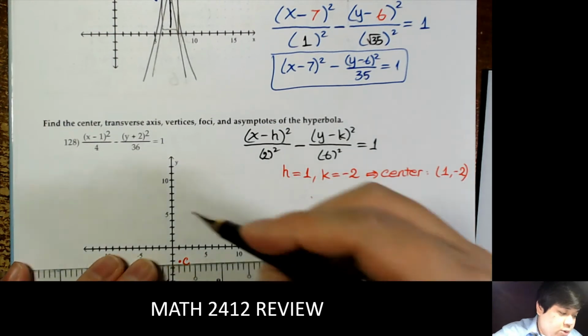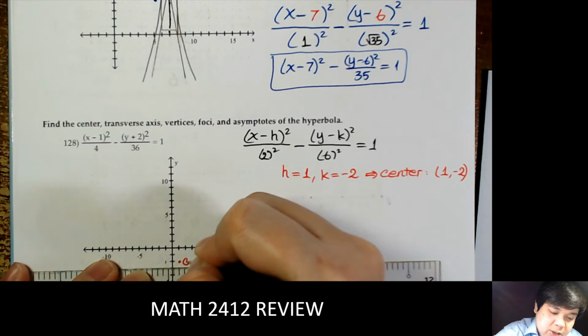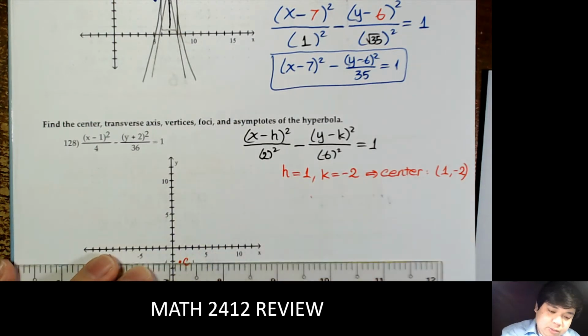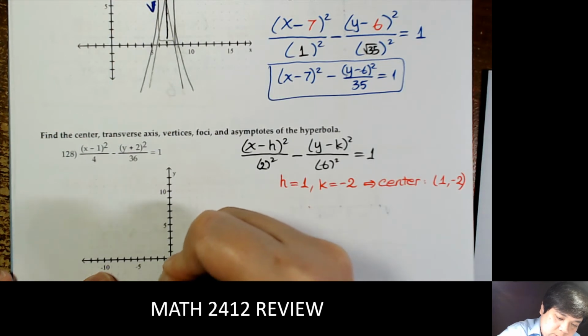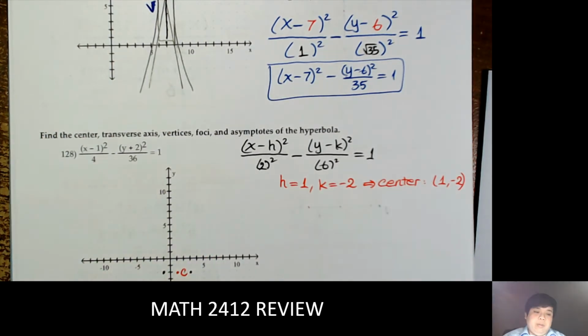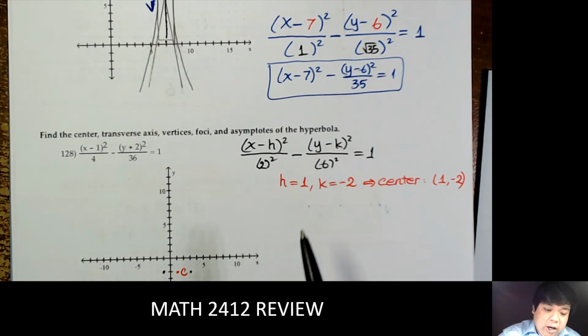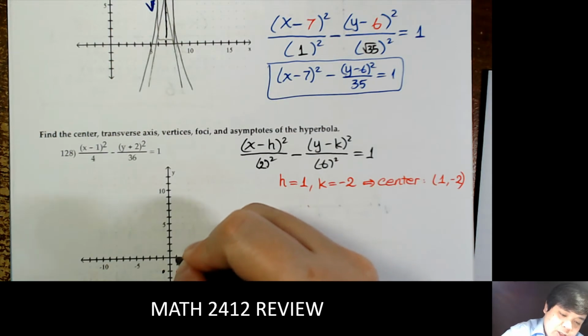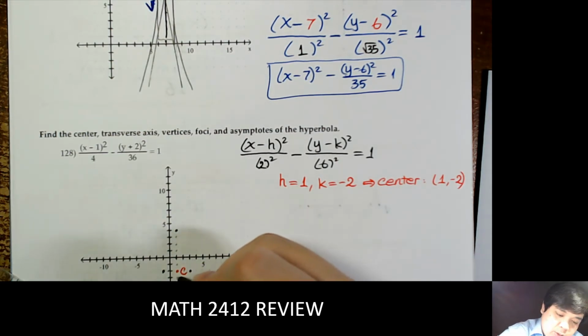So 2 units to the left, 1, 2, and 2 units to the right, 1, 2. And then there's 36 below the y. So 6 up, 1, 2, 3, 4, 5, 6. And then 6 down, 1, 2, 3, 4, 5, 6.